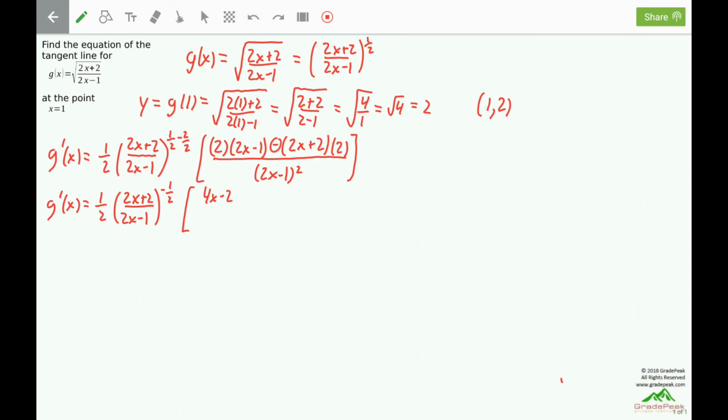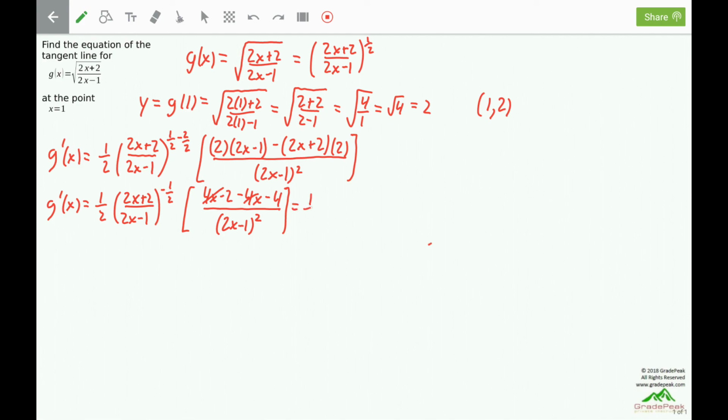So that'll be a negative 4x and a negative 4, all over (2x minus 1) squared. We can combine like terms in the numerator inside the square brackets, and the 4x's will cancel because one's positive and one's negative.